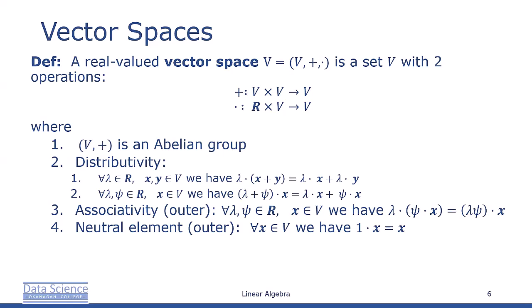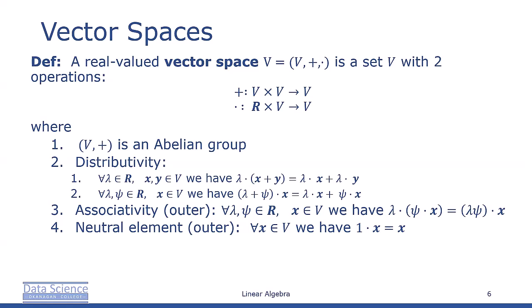So for all real numbers lambda, vectors x and y, we have lambda times (x plus y) equals lambda x plus lambda y. And for every lambda and psi in R and x in V, we have (lambda plus psi) times x equals lambda x plus psi x.